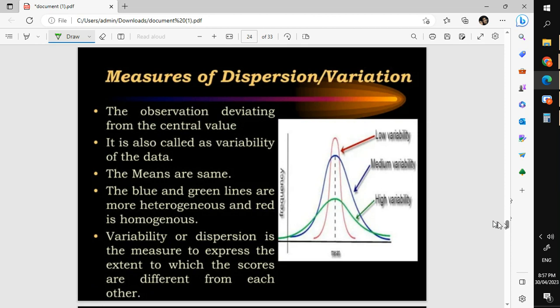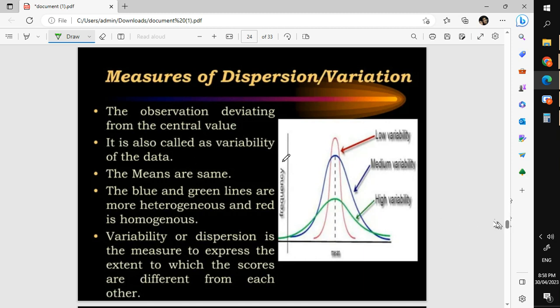Pag even ang number of observations, arrange in ascending order, ang duha ka value nga naa sa tunga, i-add nimo, i-divide by 2, that will be your median. Ang mode nato, that's the most frequent or ang pinaka nagbalik-balik na value sa dataset. So it could be bimodal kung duha ka mode, trimodal kung tulo ka mode, multimodal kung 4 or more na ang mode.